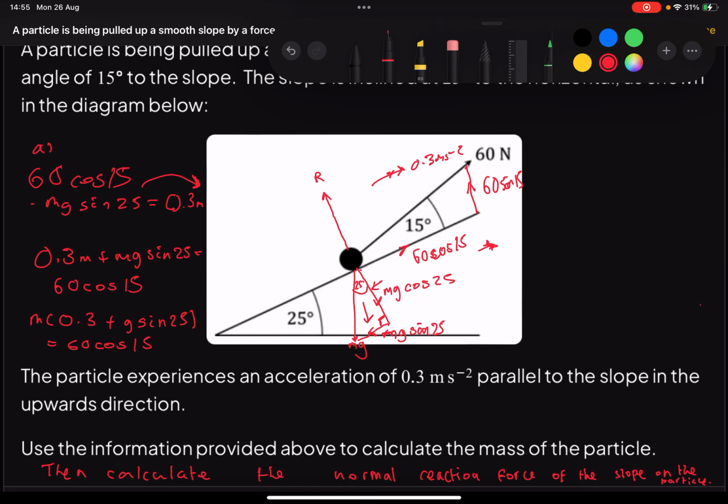All you need to do now is divide 60 cos 15 by 0.3 plus g sin 25. m equals this value.